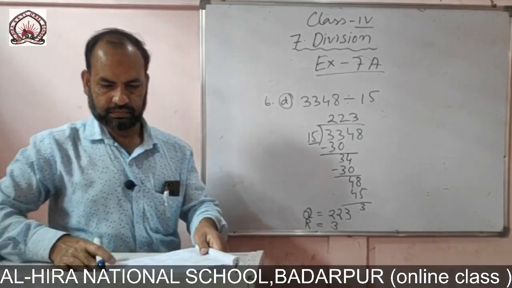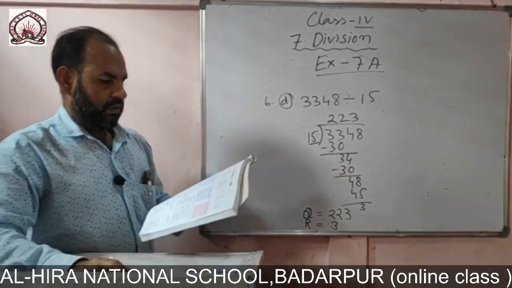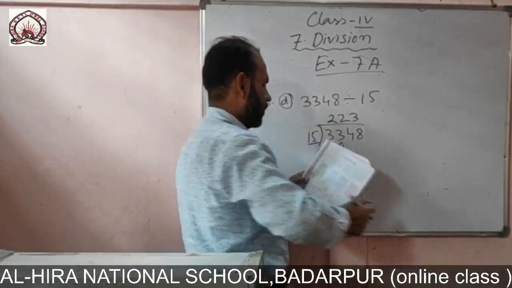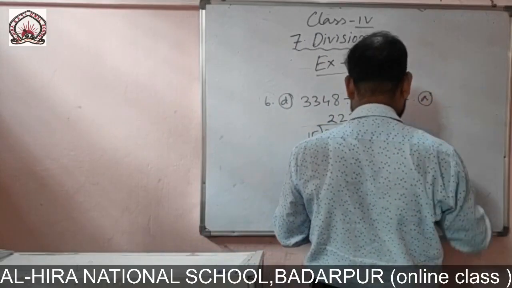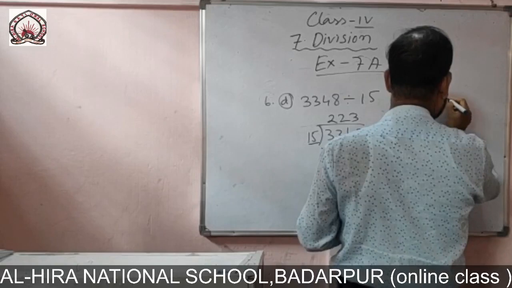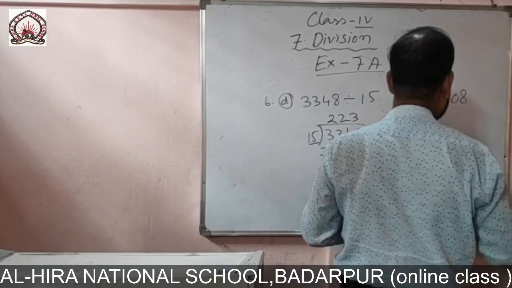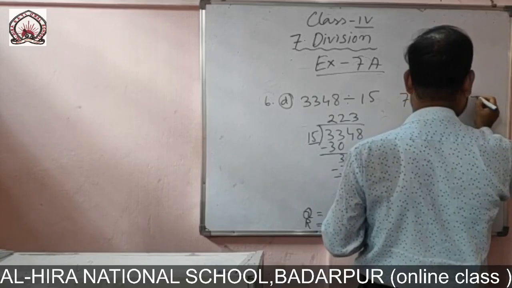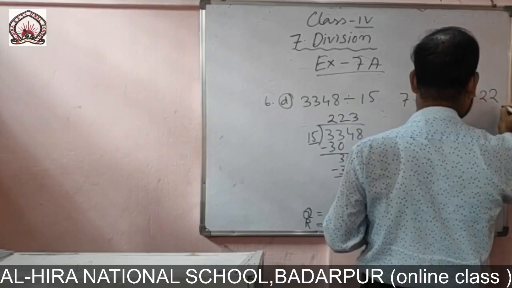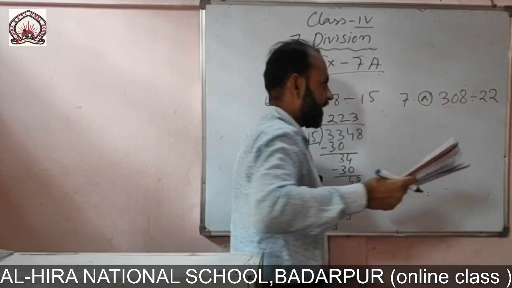Next, question number 7A. 308 divided by 22.